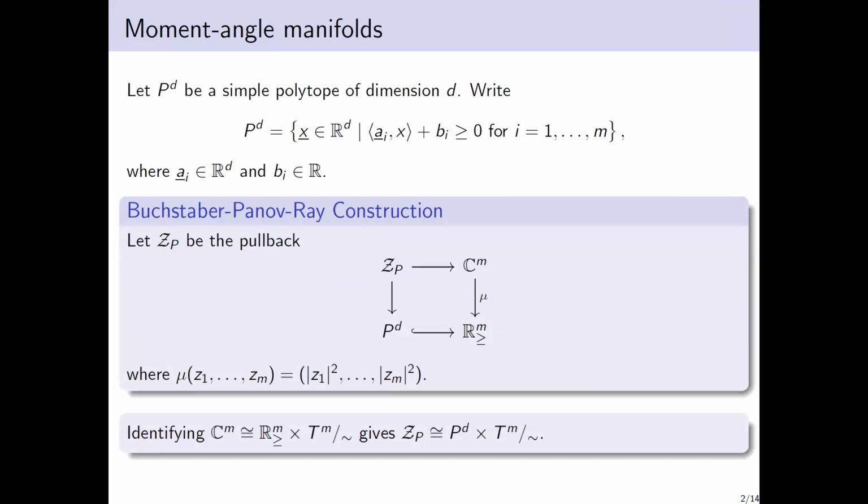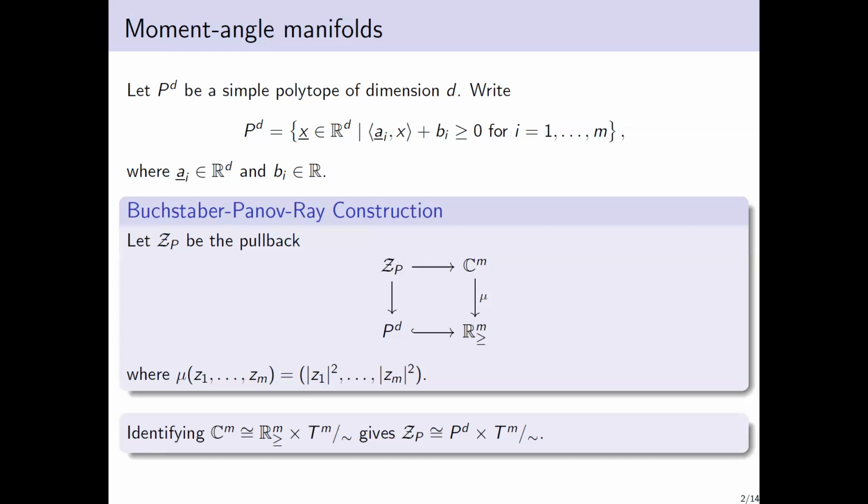So in this case, we can write a point in a simple polytope as some points in R^D satisfying finitely many inequalities, as written in that way.